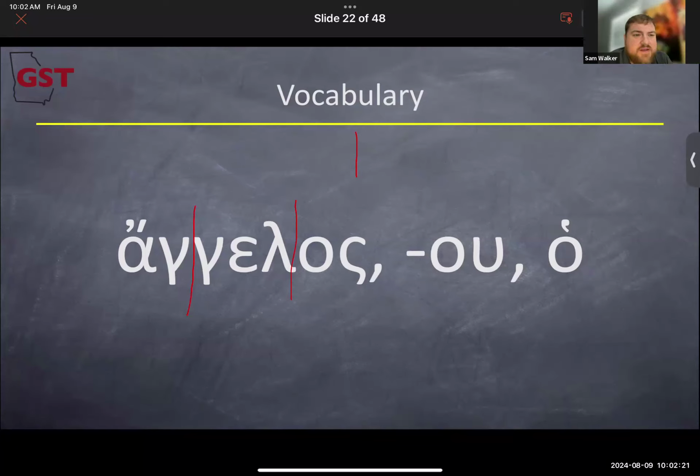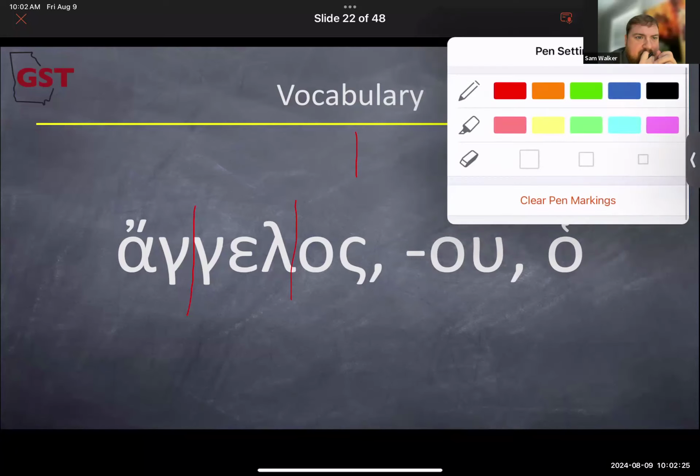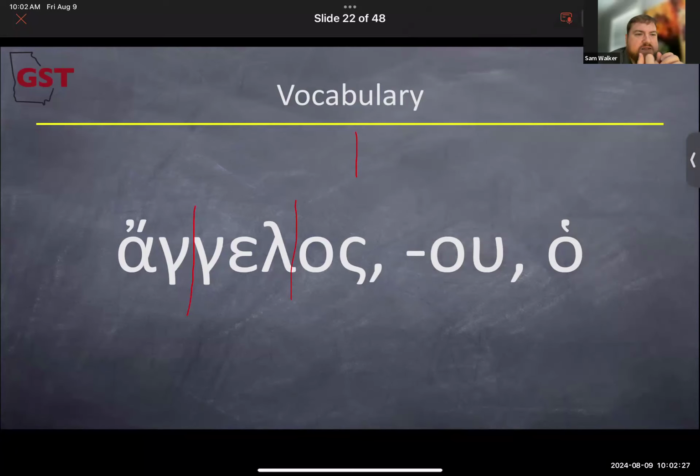What I'm trying to understand is whether both of those gammas are now pronounced as N. No, why would both be pronounced as N? Okay, let me clarify this.